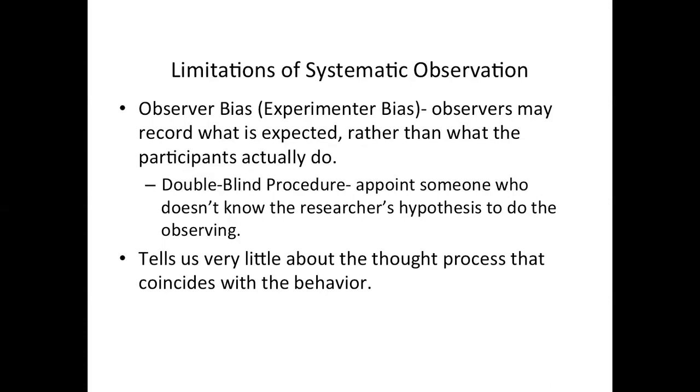So one thing you can do in order to get rid of experimenter bias is to appoint a second set of researchers. Let me explain. The first set of researchers might design the study, develop the hypotheses, and assign people to groups. Whereas the second set of researchers collects the data without awareness of who's in what condition or whatnot.